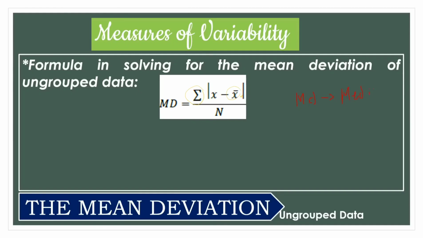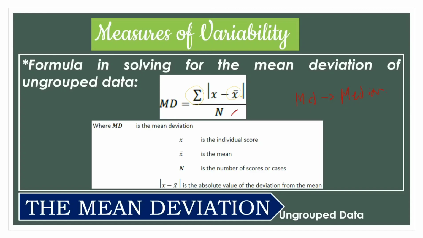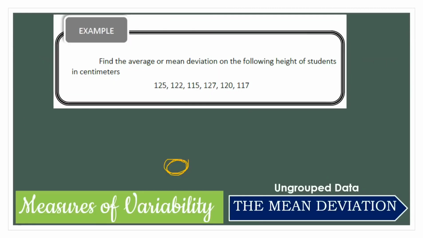The formula is MD is equal to the sum of the absolute value of X minus the mean, and then divide that by the value of N, or the total number of cases. Okay, let's have an example.